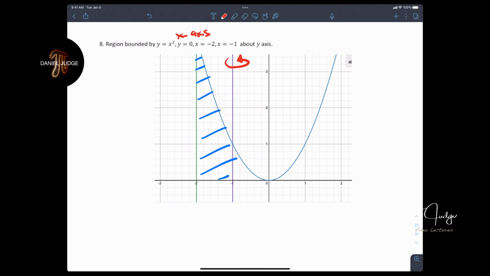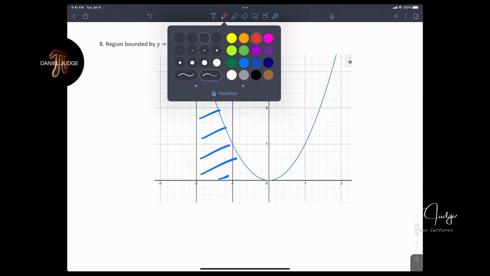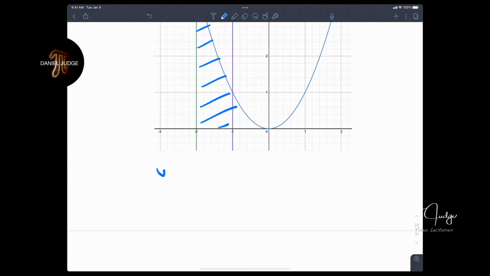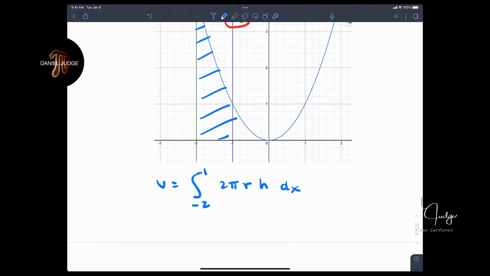And x is from -2 to -1. So volume yet again here will be the integral from -2 to -1. So I started it. We have to do smaller minus larger, okay? And that's going to be 2 pi r h dx. So -2 to -1.